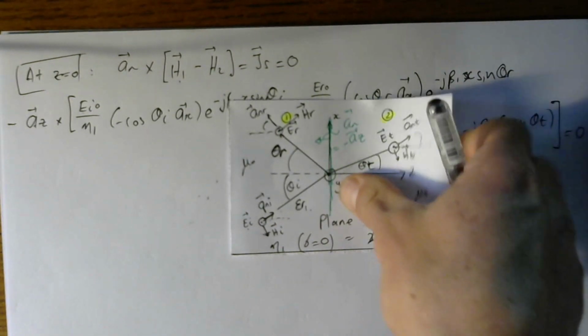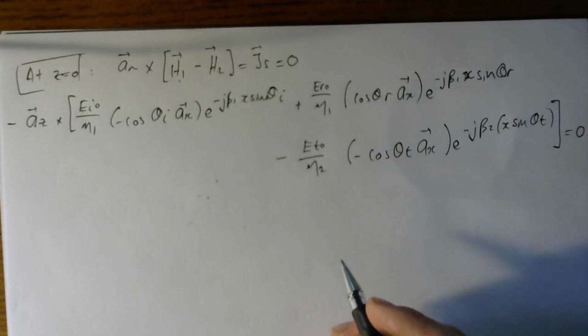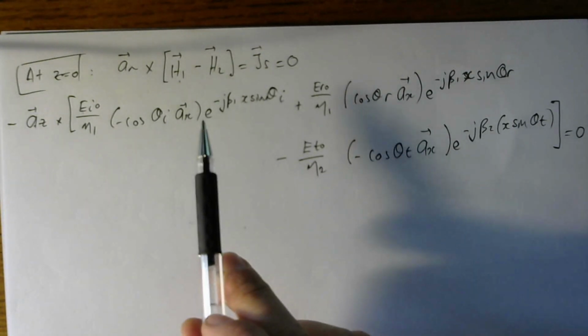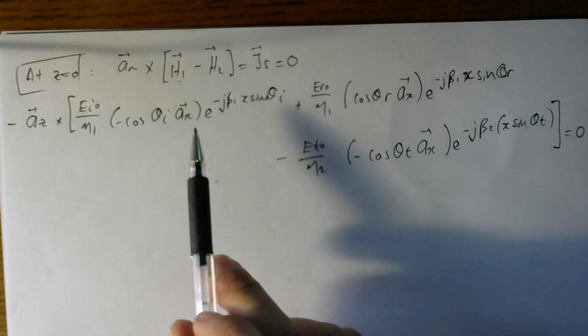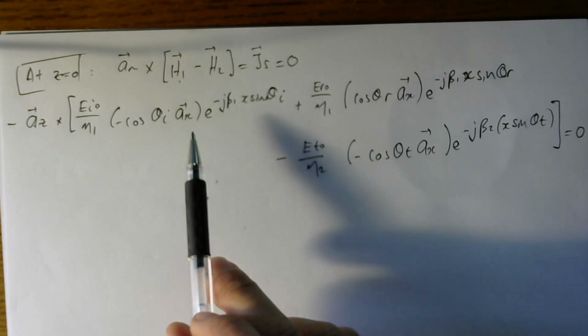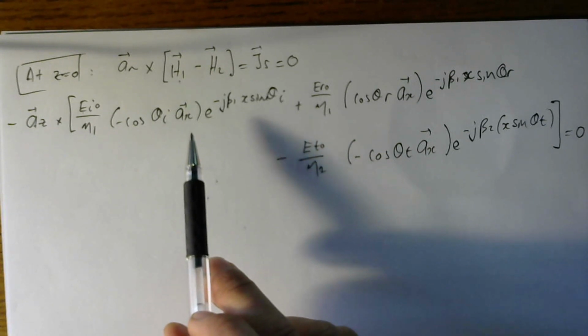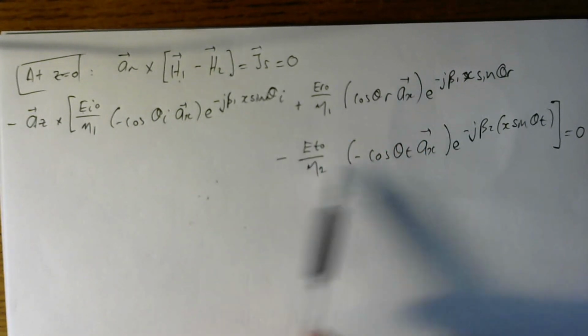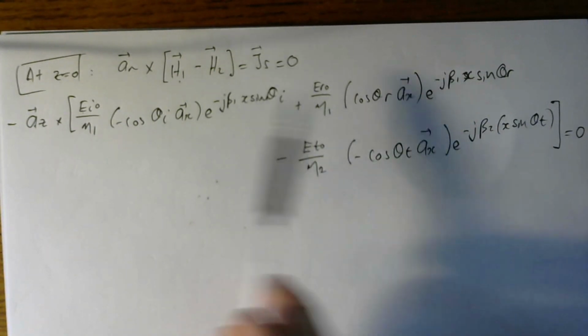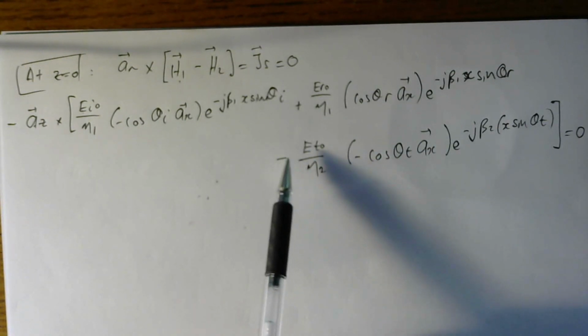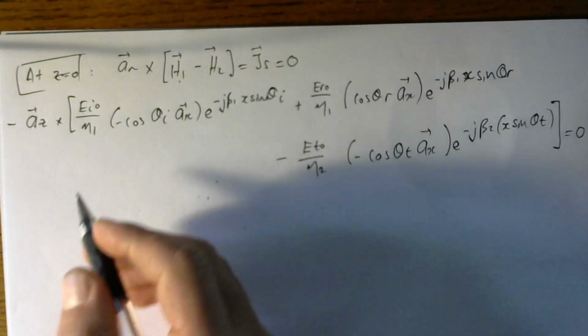That's what I have. Then I can simplify this a bit. If some coefficient multiplying a vector is equal to 0, it means that this coefficient has to be equal to 0. Let's write that down.